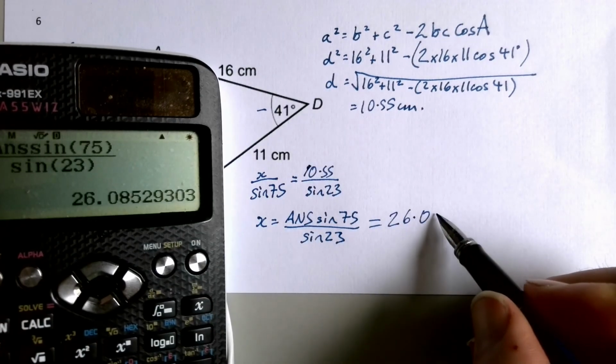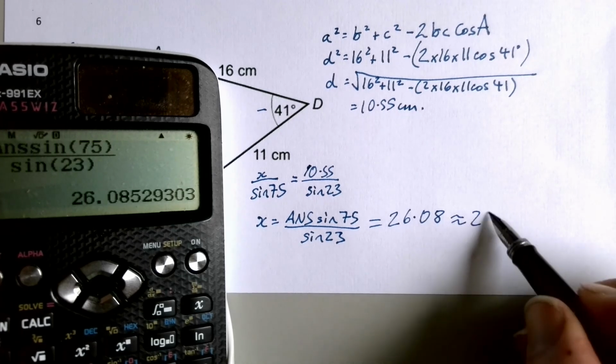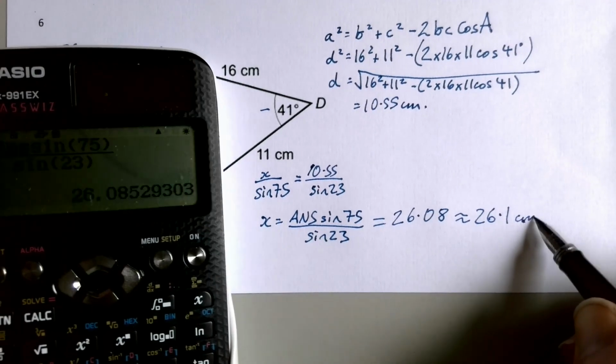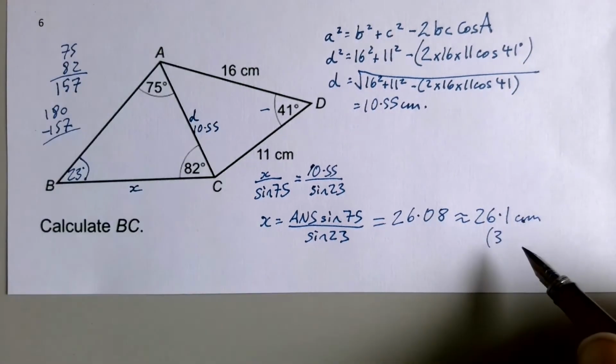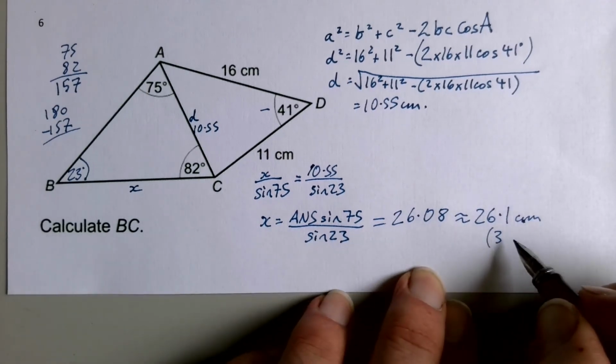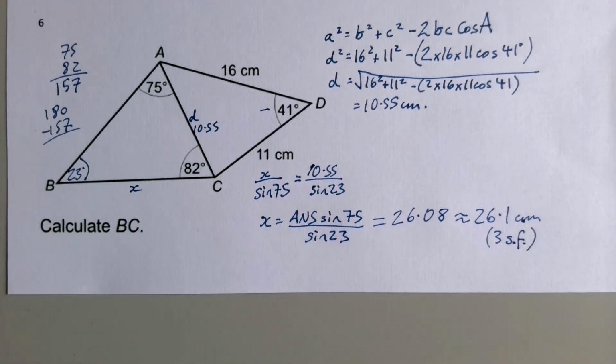No, it doesn't say, so if we just do it to 3 significant figures, 26.1 centimeters. If it doesn't say in a question, just always do the rounding but then write down what you've done it to. So if you then say 3 significant figures in brackets, that handles that.